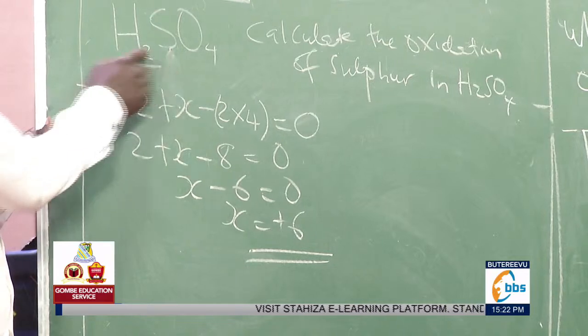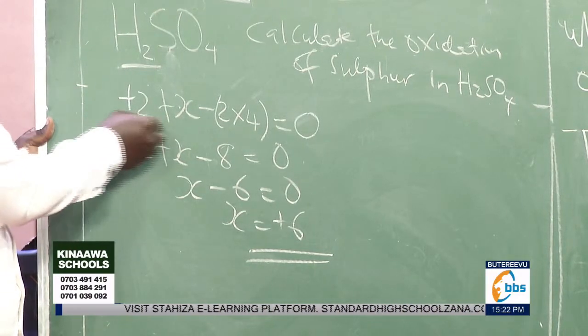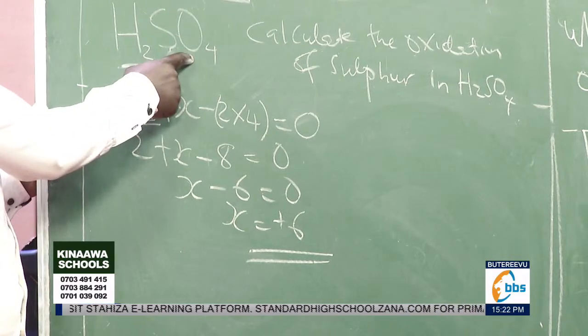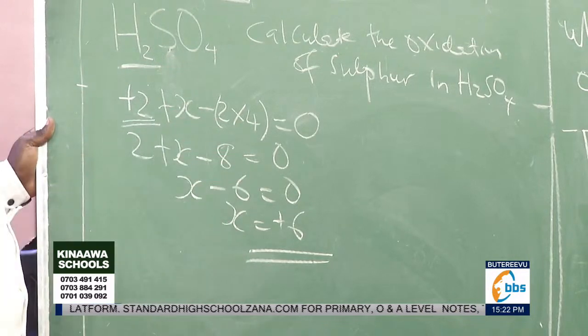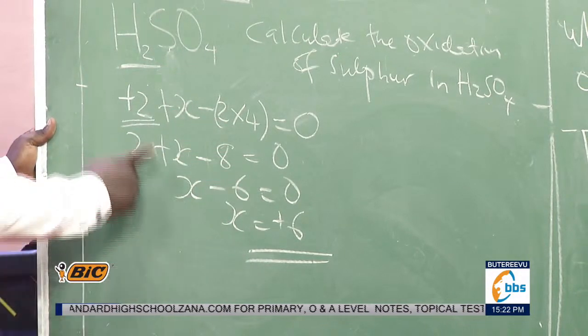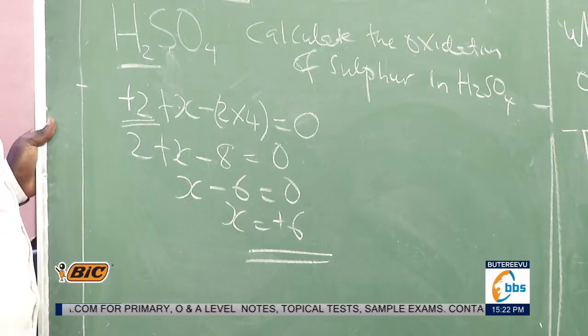Hydrogen was positive 1, then multiplied by 2, it became positive 2. Oxygen is 2 minus, but there are 4 of them, which is minus 8. 2 minus 8, that's minus 6. Mathematics to get positive 6.